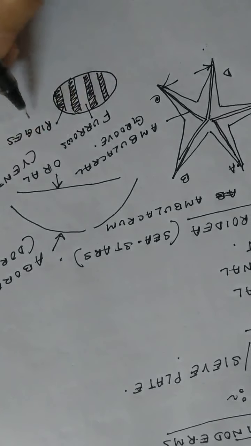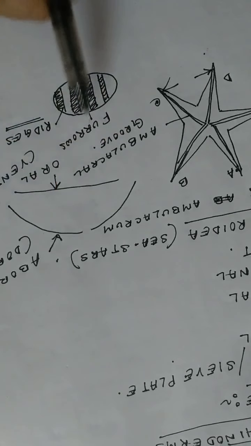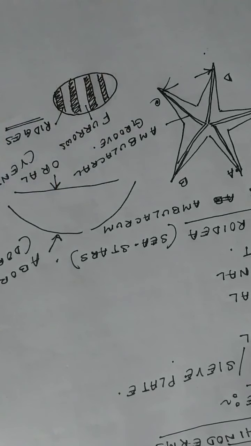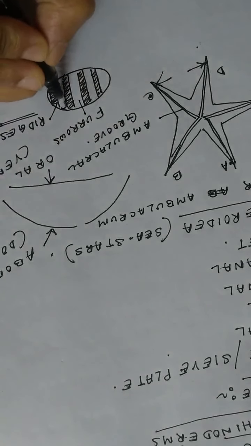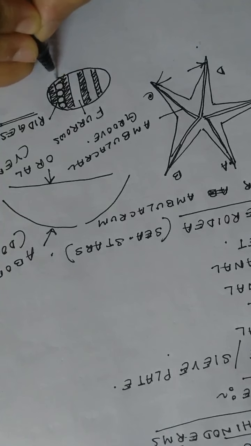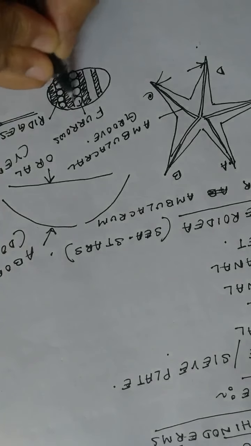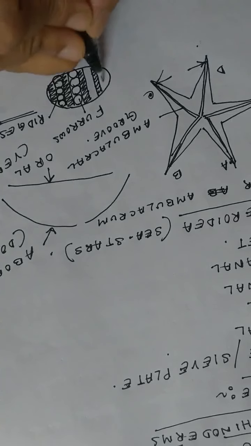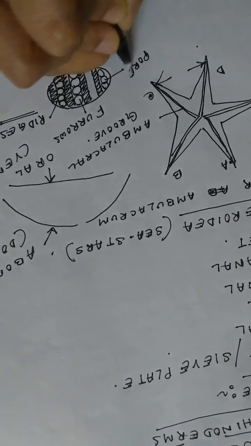Okay. Now, ridges are the elevated portions and the furrows are the depressed ones. The depression is known as the furrows. Each furrow comprises numerous porous structures, pores.